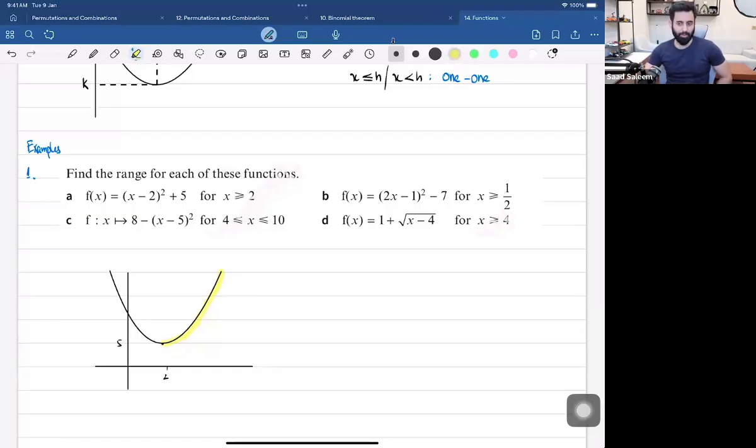So what would be the range? That is correct, except there's one thing missing. It's going to be greater than or equal to, greater than or equal to.